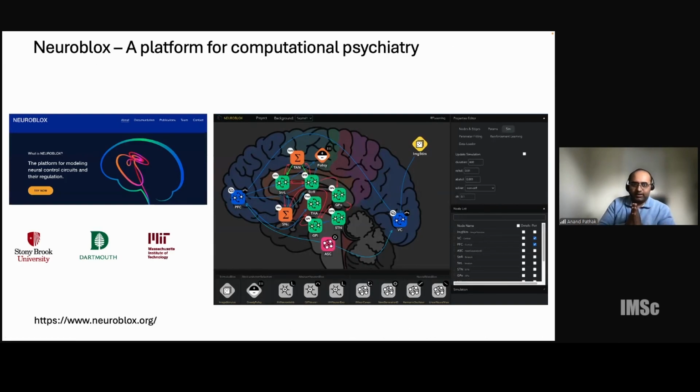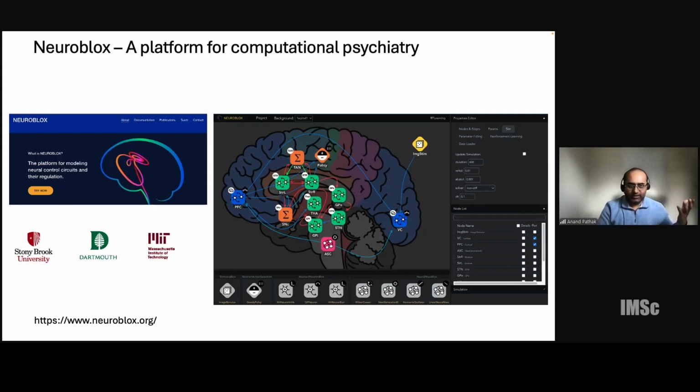This is the larger project which I have been working on. It's NeuroBlocks. It's an open source software platform which we have been developing for computational psychiatry. And most of the modeling approaches which I talk about are incorporated in this, and it's available freely.